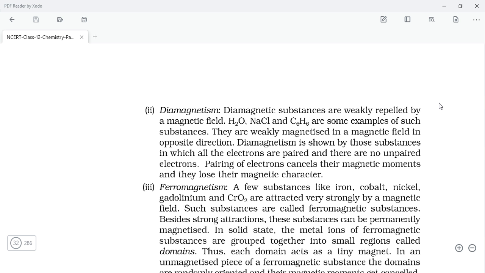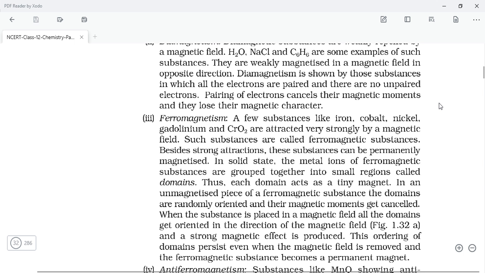Besides strong attraction, these substances can be permanently magnetized. In the solid state, the metal ions of ferromagnetic substances are grouped together into small regions called domains. Thus, each domain acts as a tiny magnet in an unmagnetized piece of a ferromagnetic substance.